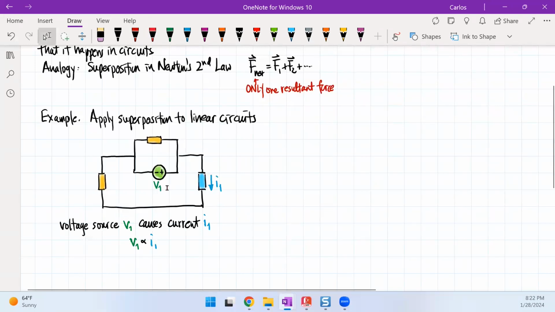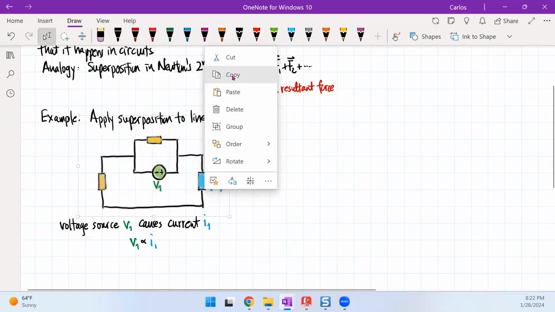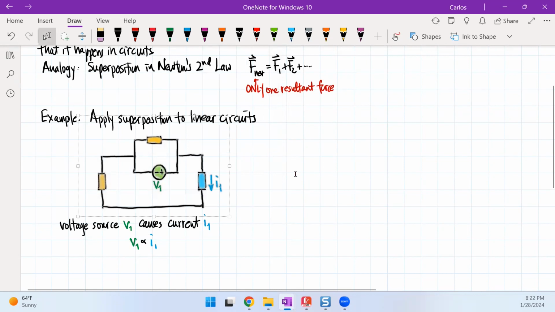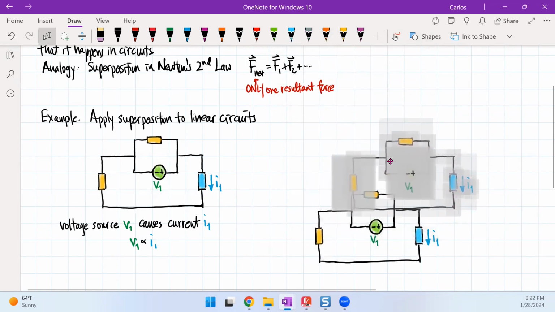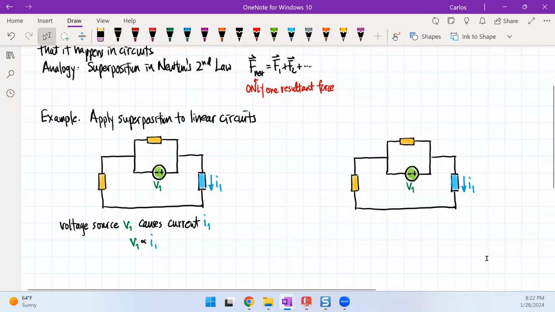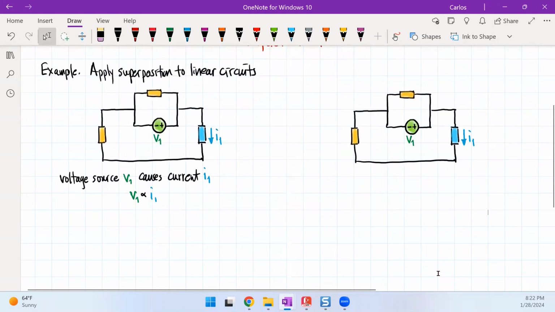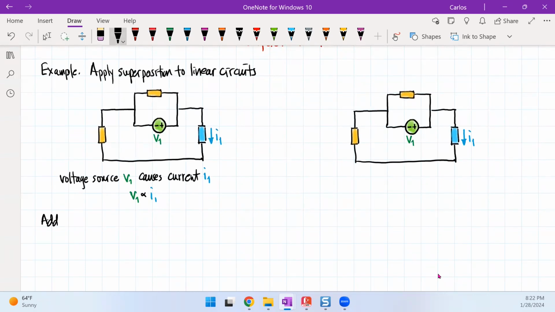Now what we're going to do is add a second source to the circuit. Imagine that I now have this situation. Let me move this over here a little bit further. We're going to bring it down and add a second source into the circuit.